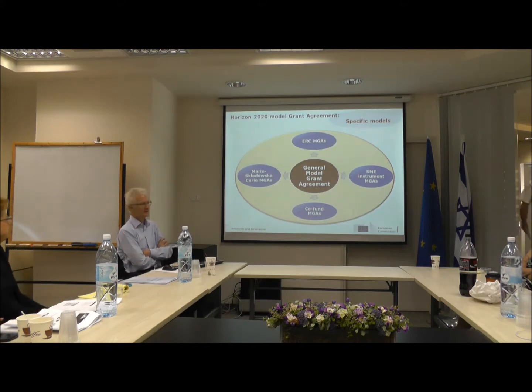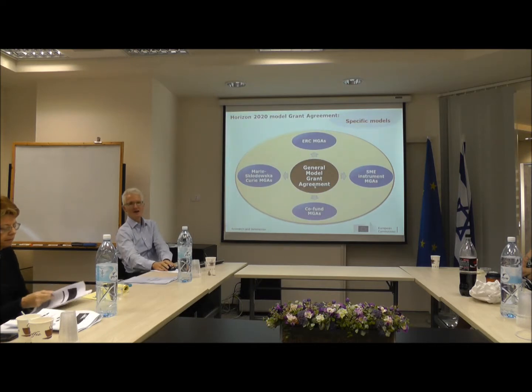show you the panoply of existing documents. There is one general model grant agreement. It's this big text, which you all know, I guess, more or less. And there are some derived models. But these derived models are different only on some aspects.